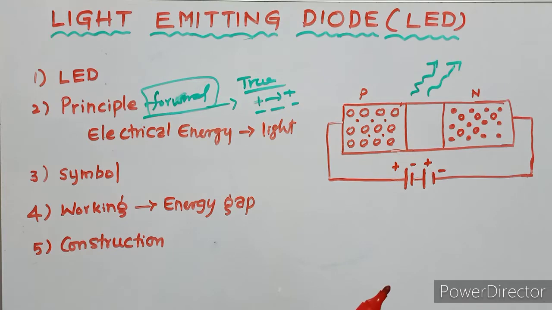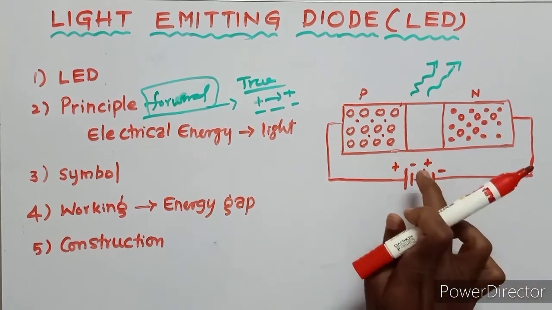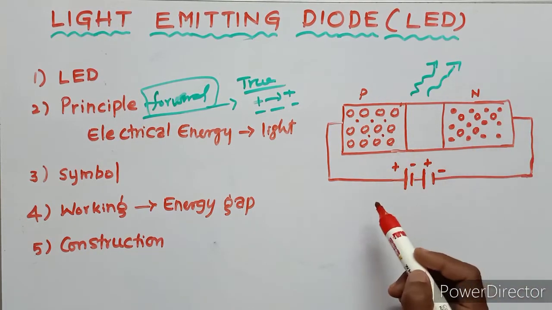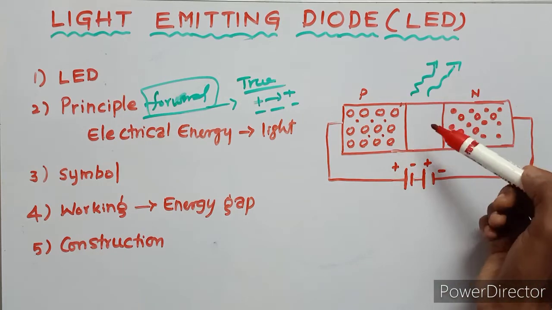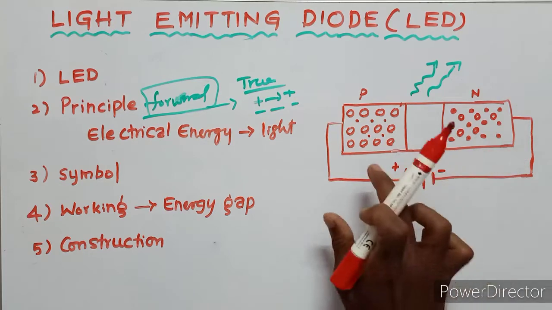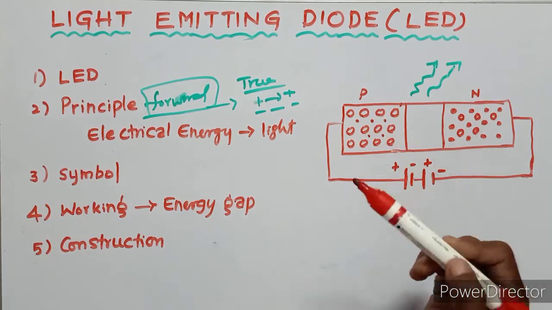A light emitting diode is a special type of PN junction diode. The light emitting diode is specially doped and made of a special type of semiconductor. These two are semiconductors, P type of semiconductor and N type of semiconductor.